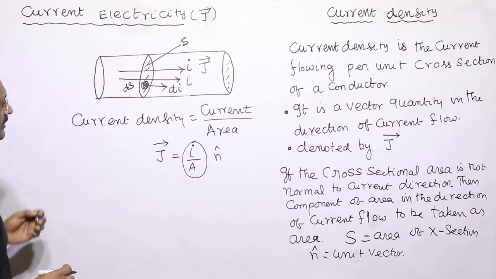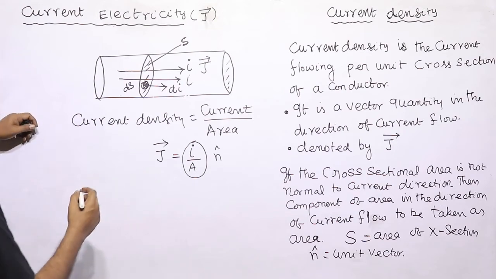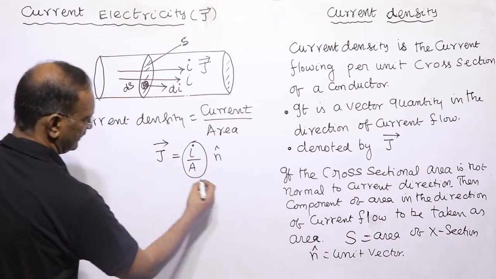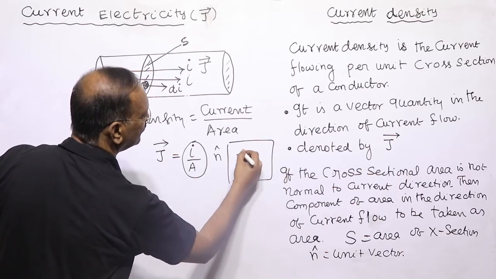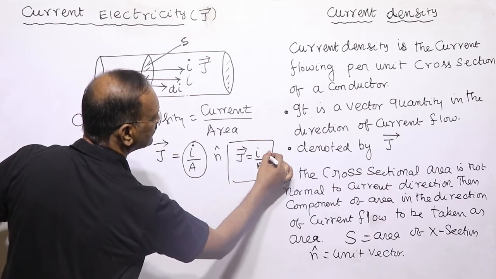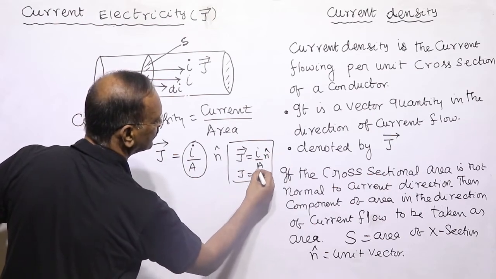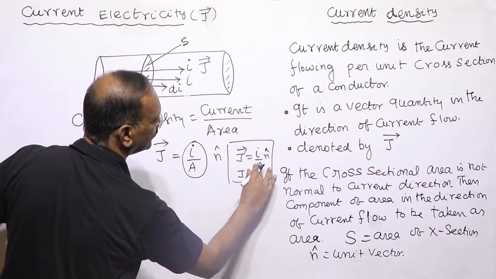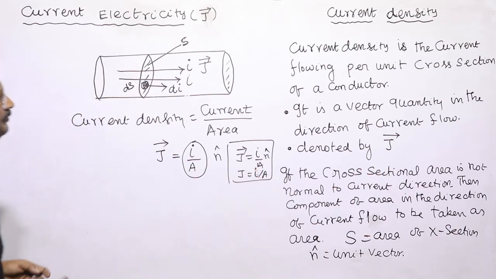There are different situations where we will be using different formulas. J in magnitude is equal to current divided by area.